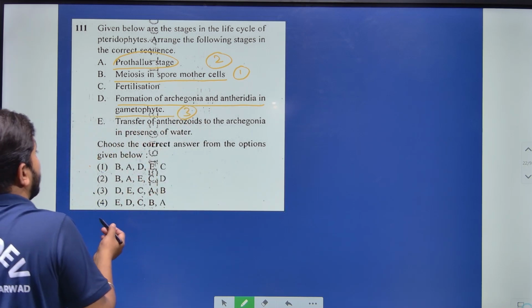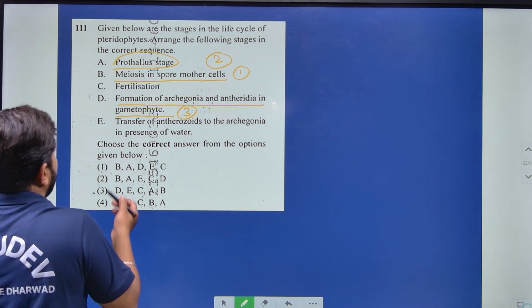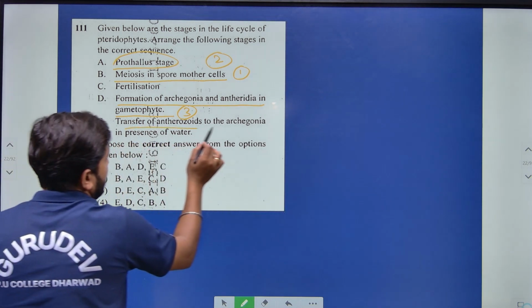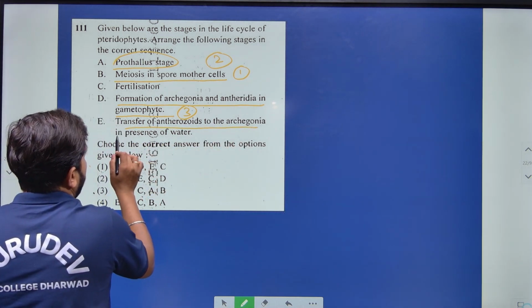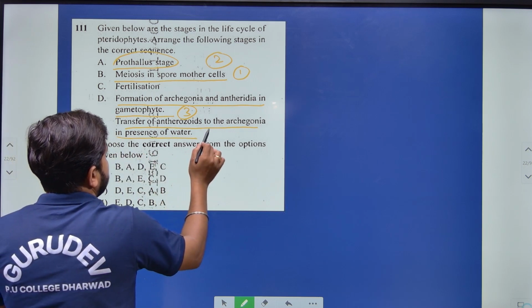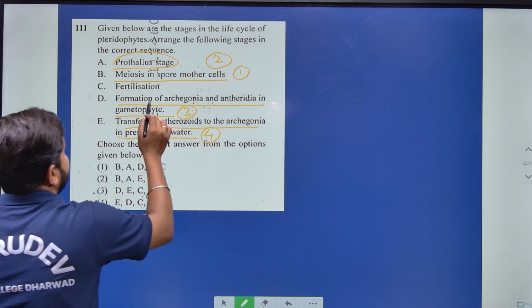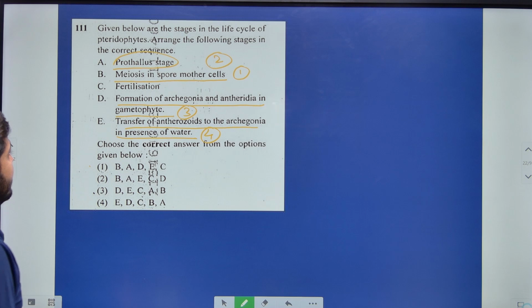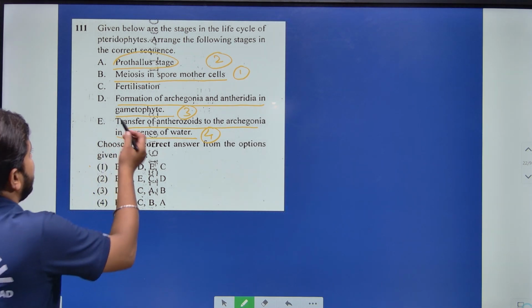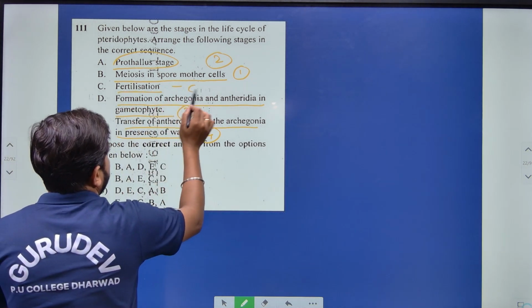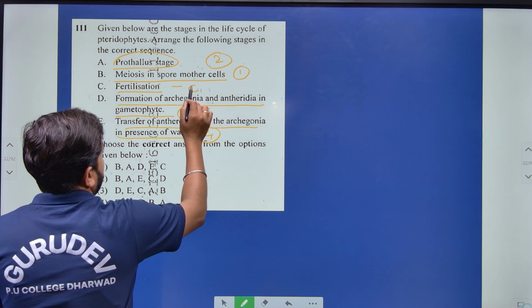And the fourth one, if I consider, is nothing but the transfer of anthrozoids to the archegonia in the presence of water, that is the fourth one, right. Then lastly, I am going to see fertilization, right? So that is the fifth one.